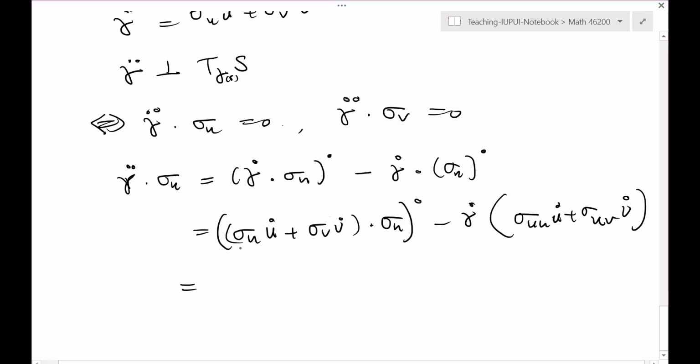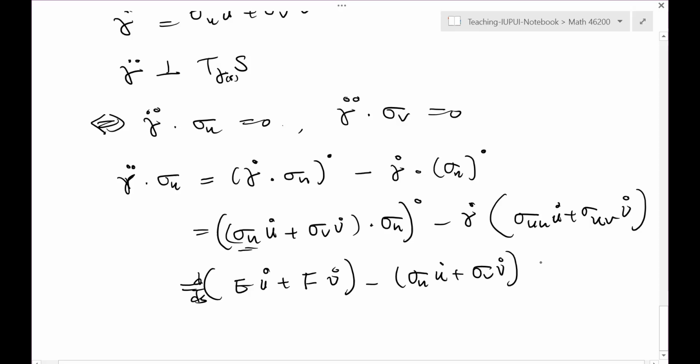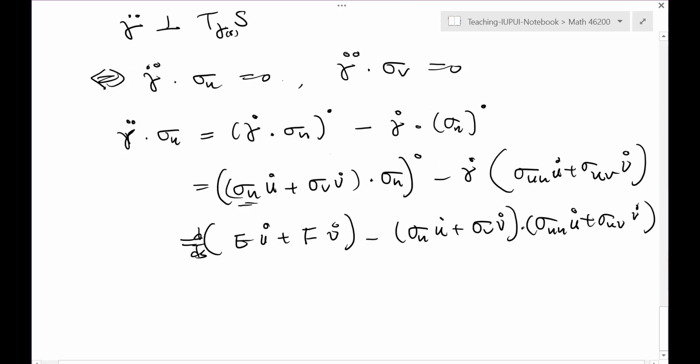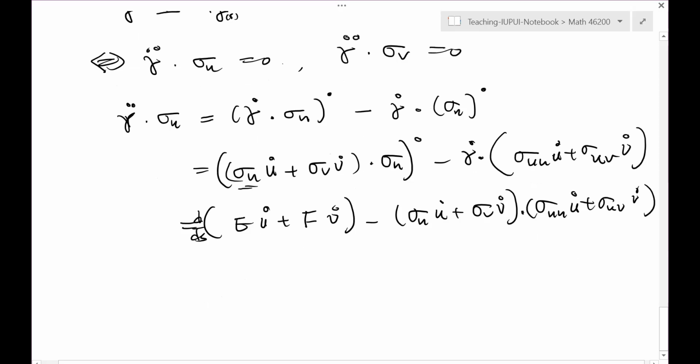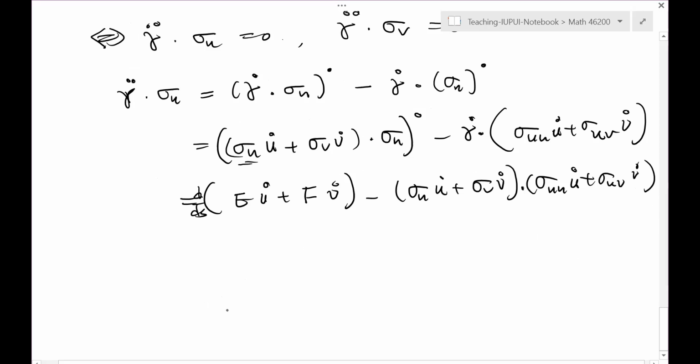So when you multiply this out, let me put a ds here, I don't want to put a dot over there. So E u dot plus F v dot, minus sigma u dot, multiply this out. This is supposed to be 0, right?